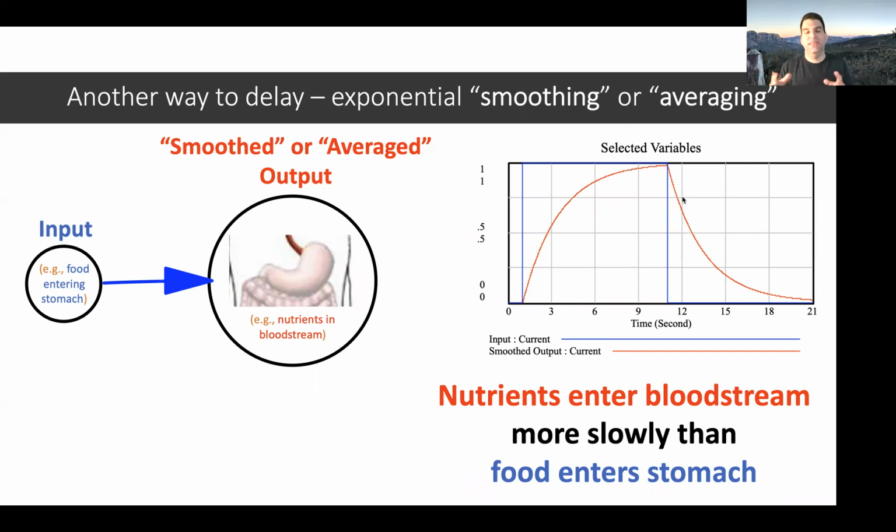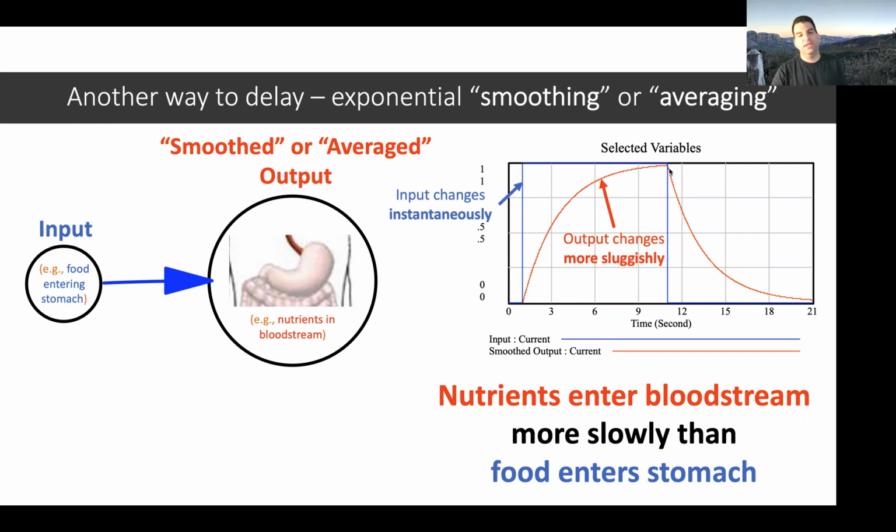So this idea that you start out with your cohort or whatever, but then you have to spread it out over time, that is an example of a smoothing or averaging delay. And so the idea here is that the input can change instantaneously. So the amount of food in the stomach can change instantaneously, but the output, the nutrients going into the bloodstream, well, that is much more sluggish.